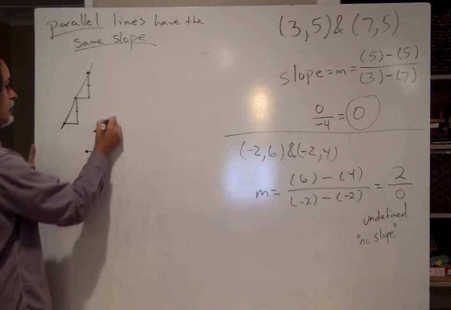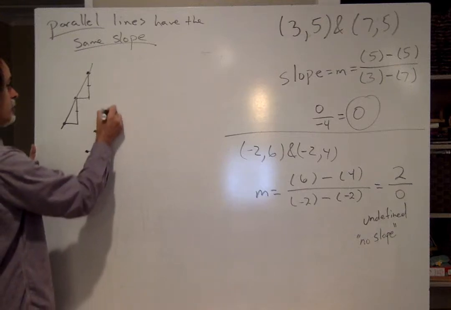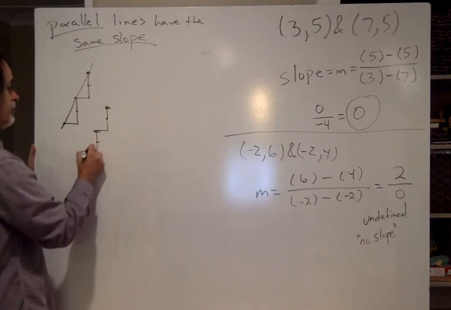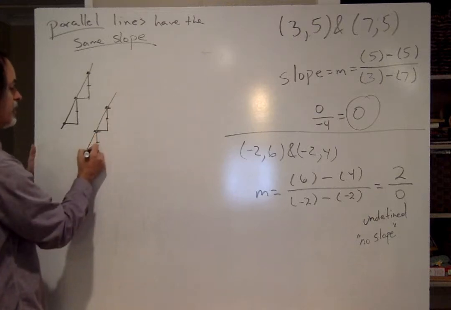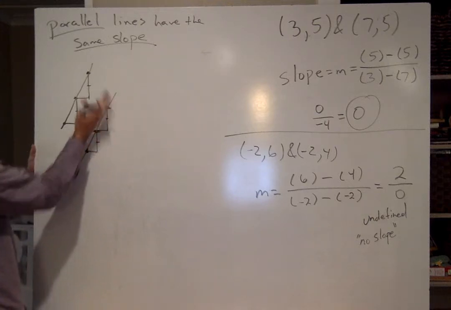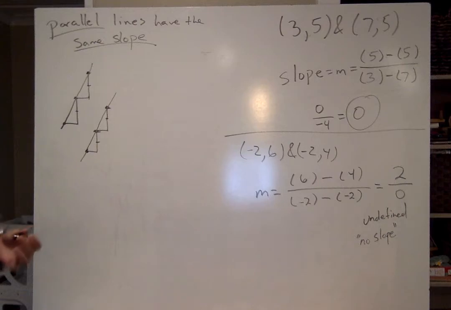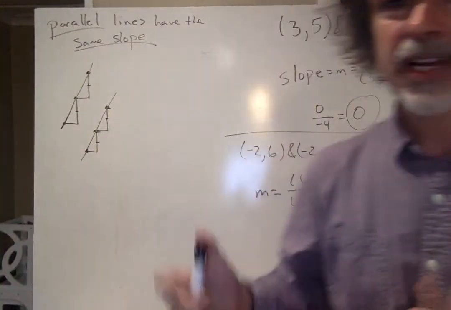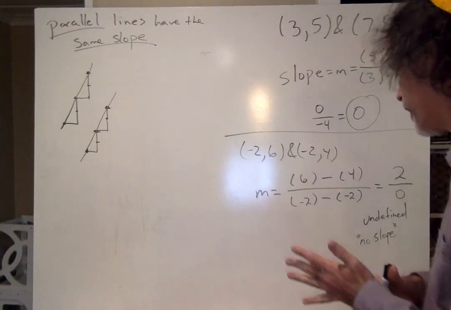If this one has up 3, it's eventually going to crash into the other one. Parallel lines have to have the same rule, the same slope.